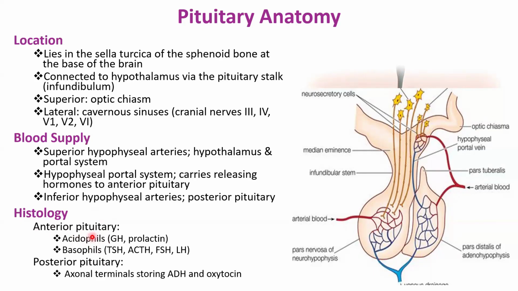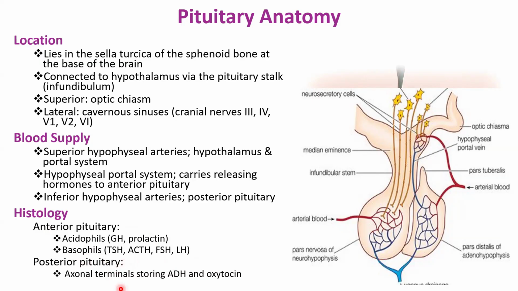Acidophils will be producing growth hormone and prolactin, while basophils will be producing thyroid stimulating hormone, adrenocorticotropic hormone, and also follicle stimulating hormone and luteinizing hormone. Those are some of the hormones produced by basophils.